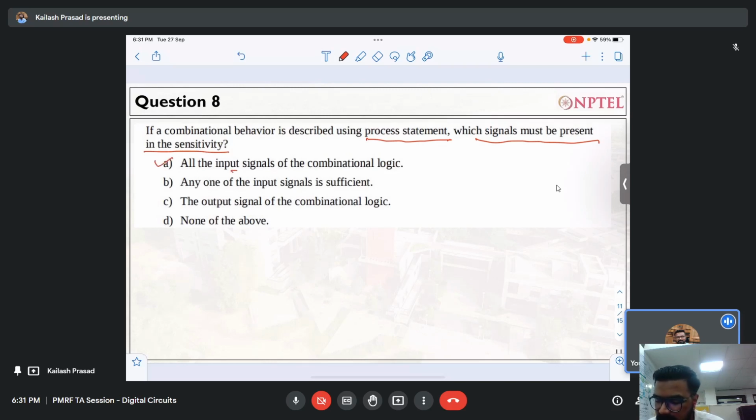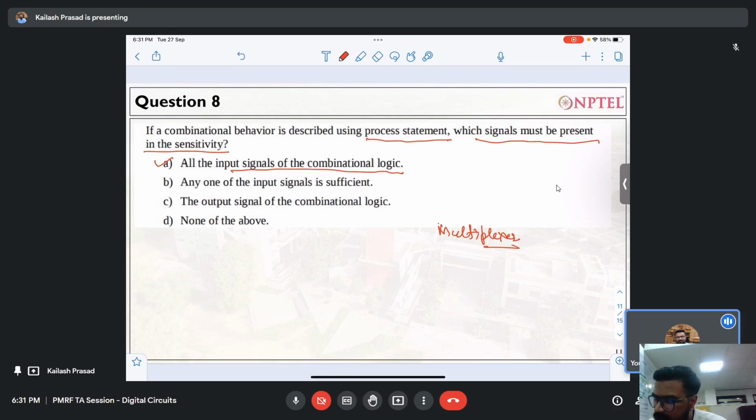All the input signals of the combinational logic, right? So whenever you define a process, how do you write a process? Suppose you define a NOR gate, or say a MUX. How do you write a multiplexer? If you want to define the multiplexer, you know the code.